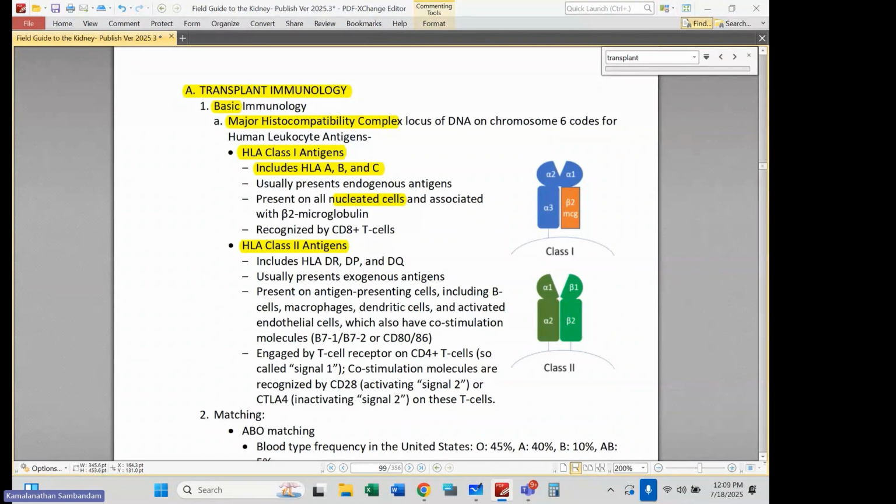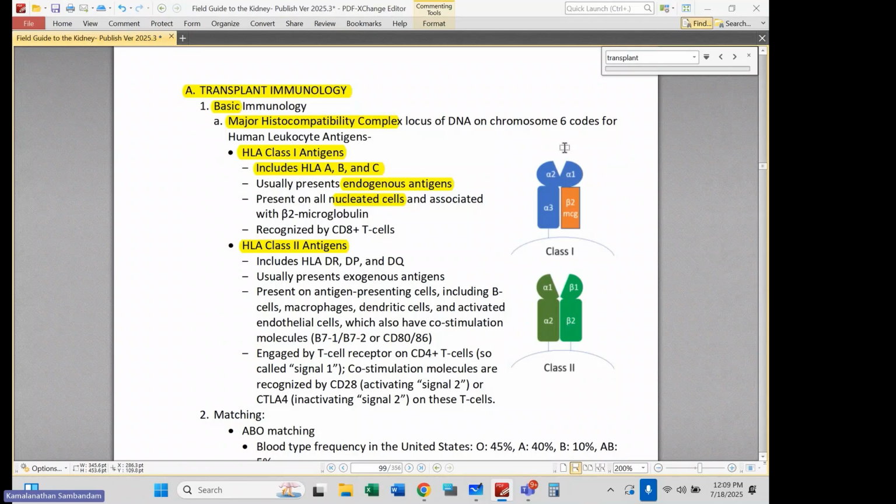Teleologically, these are tasked with presenting viral proteins of an infected cell to the cell surface, okay? That is endogenous antigens, antigens that are manufactured in the cell by the cell's protein synthetic machinery.